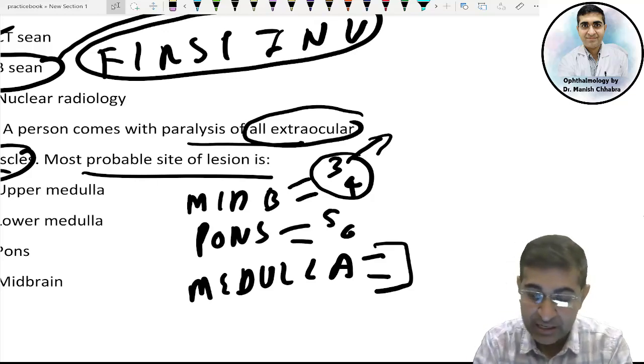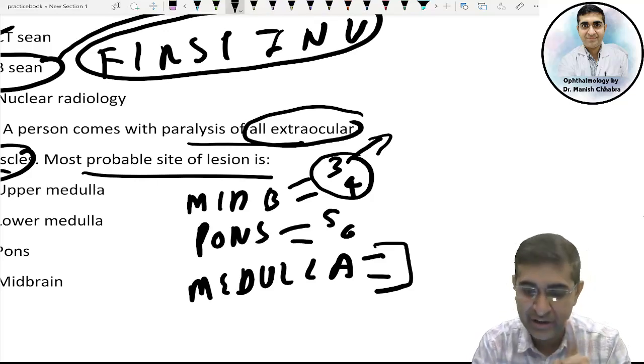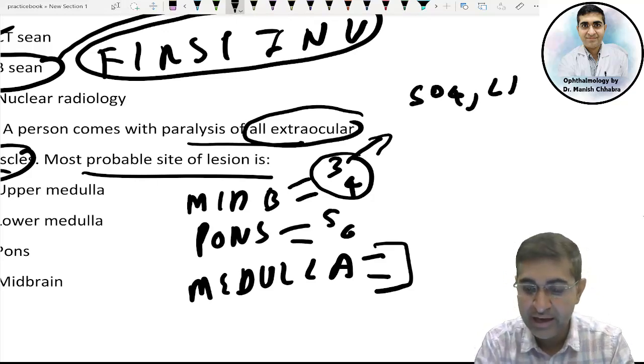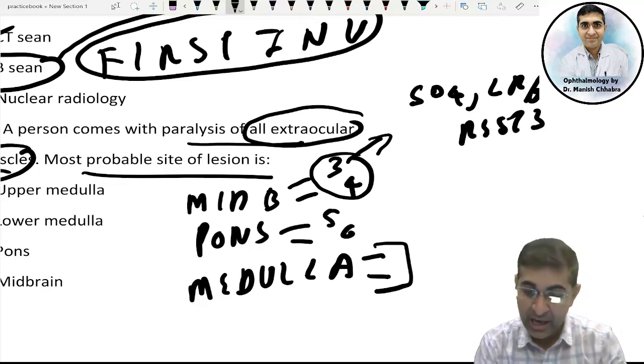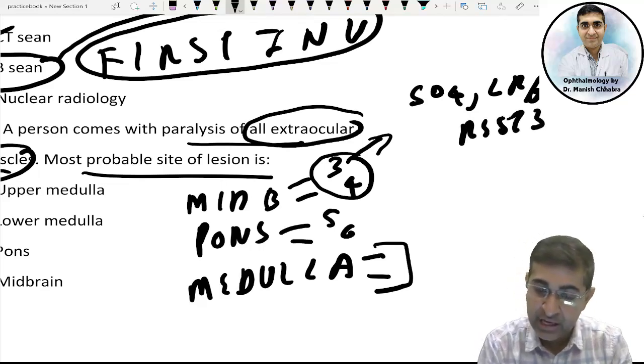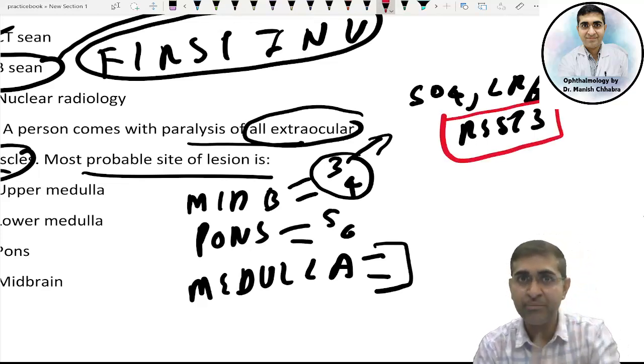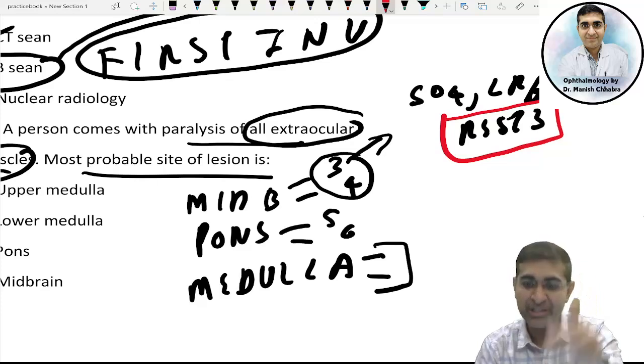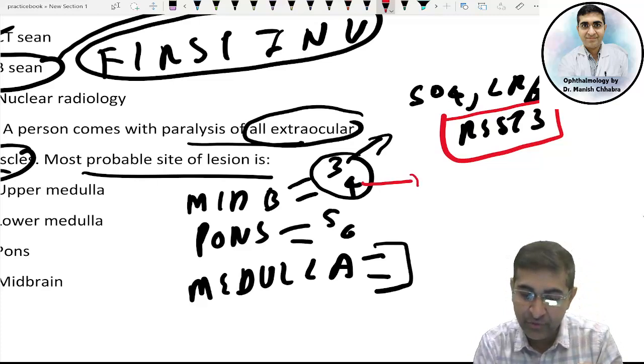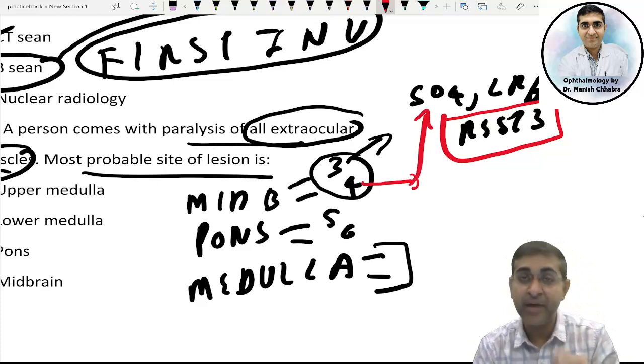Okay, so the third cranial nerve supplies which extraocular muscles? You know, SO4, LR6, rest 3, right? That means the remaining extraocular muscles are inferior oblique, inferior rectus, superior oblique and superior rectus. So these are the 4 muscles, and the fourth cranial nerve supplies superior oblique.